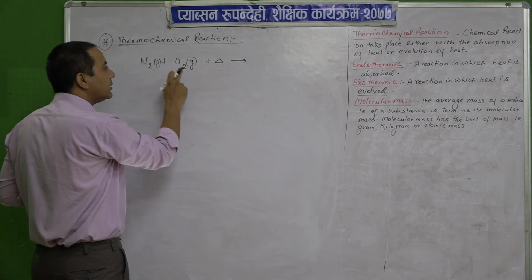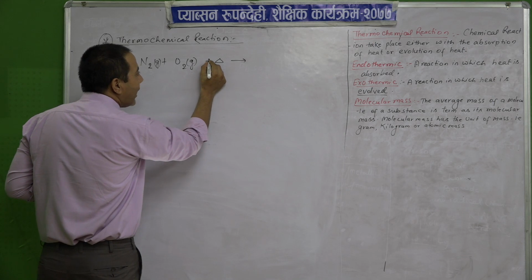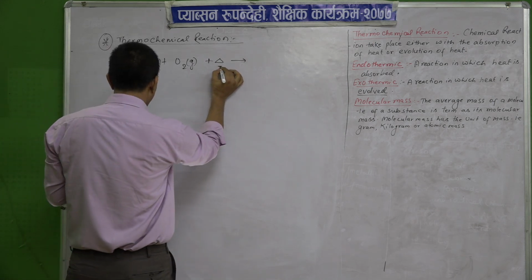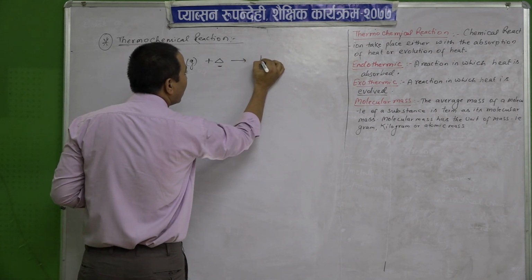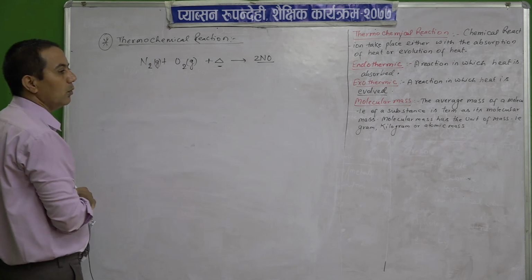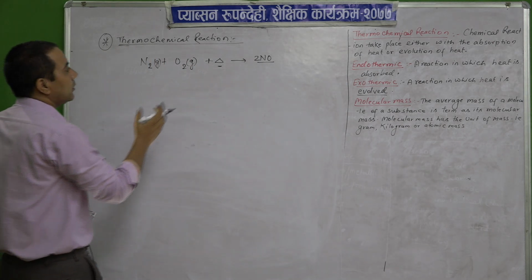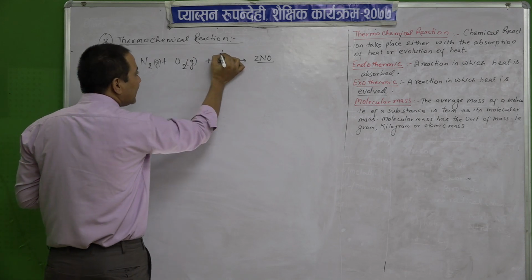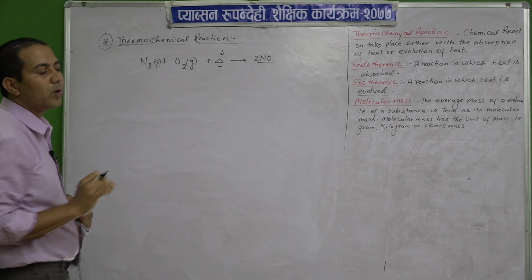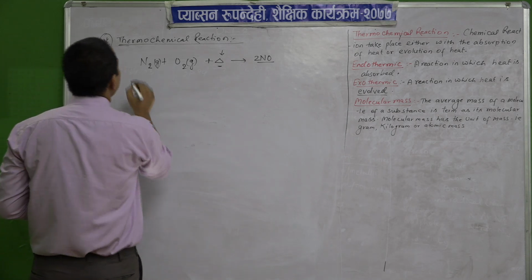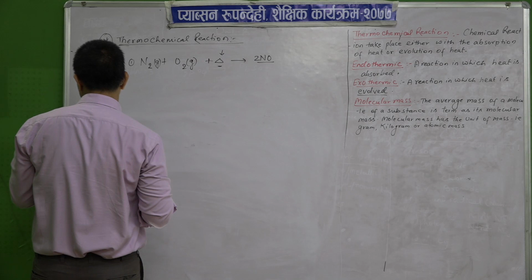Nitrogen gas and oxygen gas react with the help of heat to form nitrous oxide, N2O. During the reaction, energy is necessary, and the energy is provided by the heat.